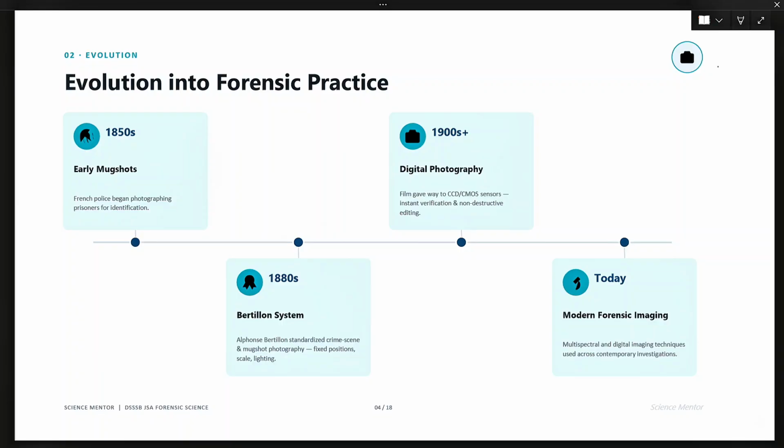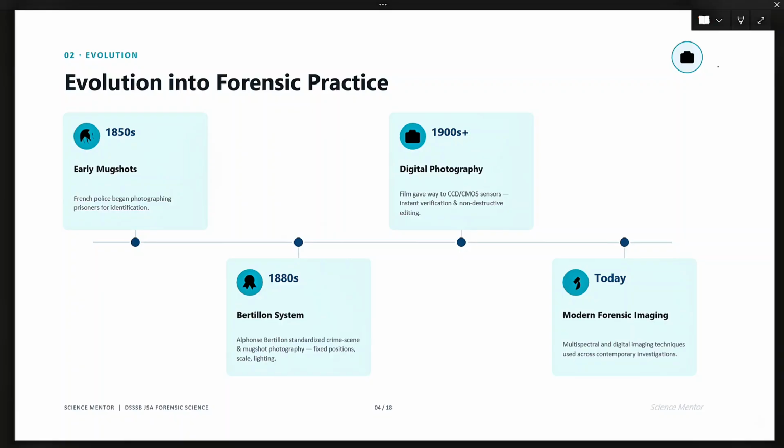Nobody imagined that one day it would become one of the strongest forms of evidence in criminal courts. The next phase in history was not about inventing a better camera. It was about discovering how photography could help the police and forensic experts. This is where forensic photography truly begins.